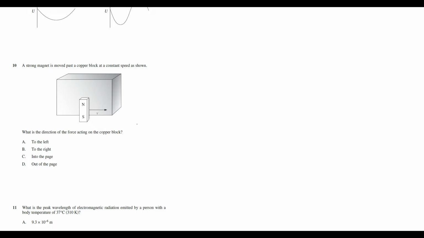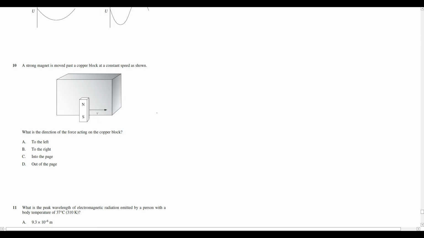So let's have a quick look at what would happen here. So the magnet is moving to the right, and that's creating currents within that metal block. There'll be circular currents, most likely looking something like that. And we know that it's going to want to create a force to reduce these currents and to reduce the total movement of this whole system.